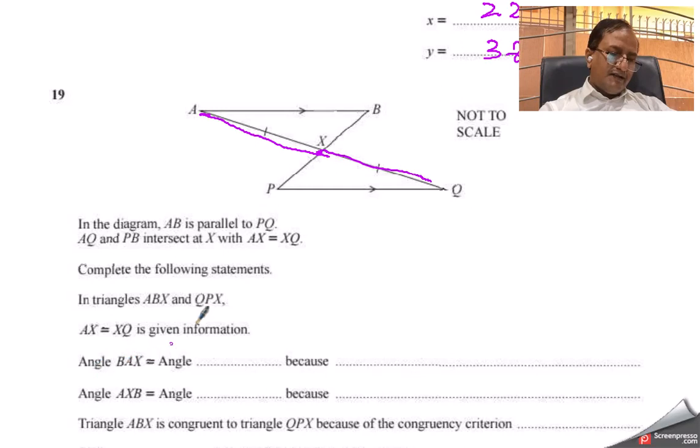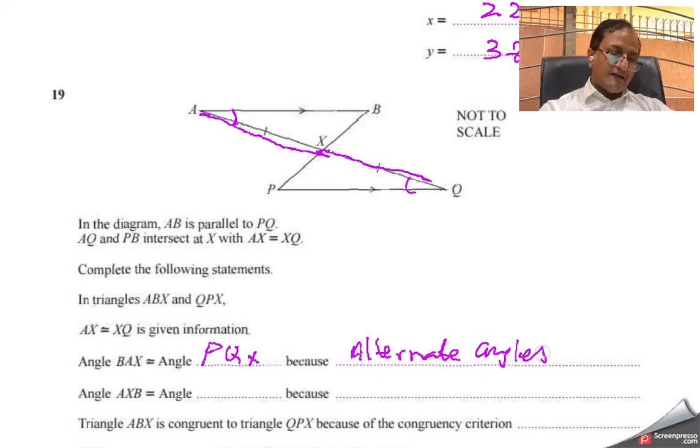The angle BAX equals angle PQX, because these two angles are the same, because of alternate angles.